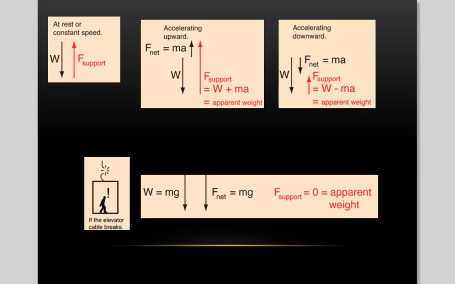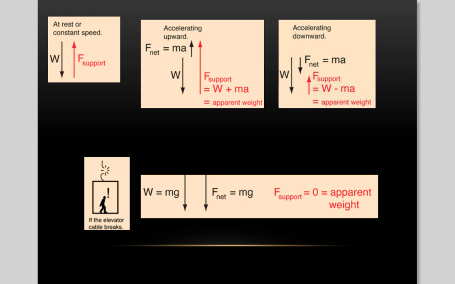Look at the middle diagram here. The tension force, which is the up force, this is the cable going up. The weight goes down, so you'd have to go the opposite way to hold it up. Like I have to hold it up, right? I hold up, I could feel the tension in the force points up. The weight pulls down. Look at the difference in the size between the red arrow and the black arrow, the W and the F support. Which one's bigger? The red one, right? How much is it bigger by?